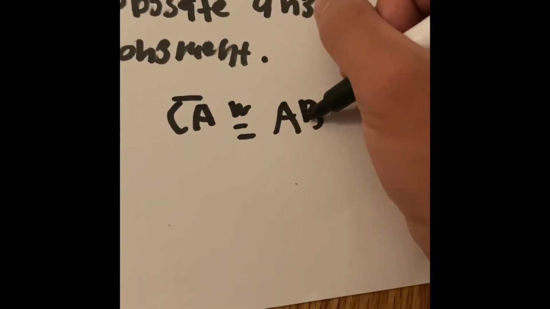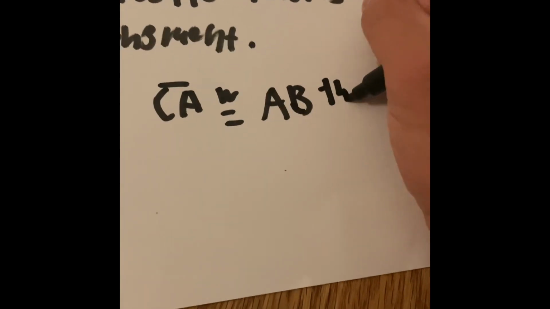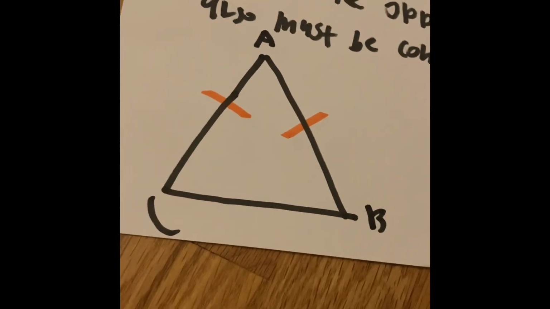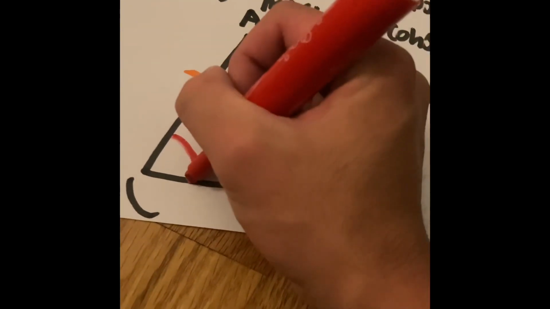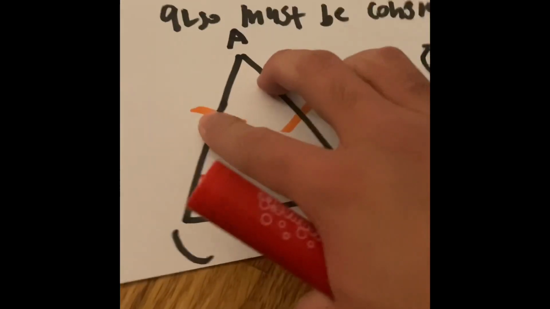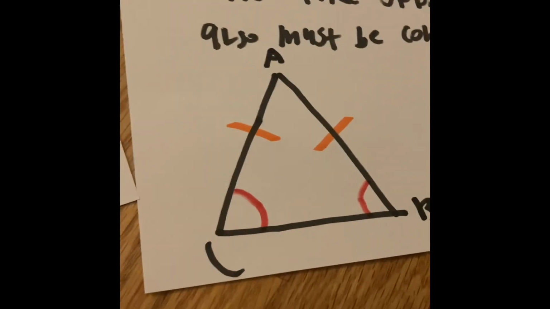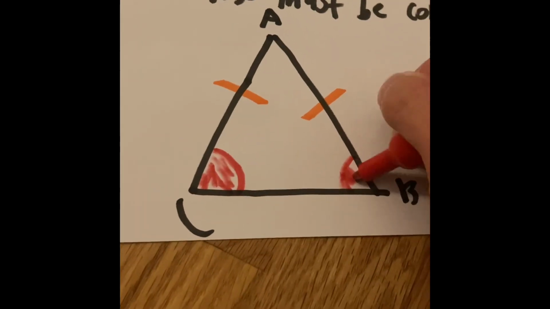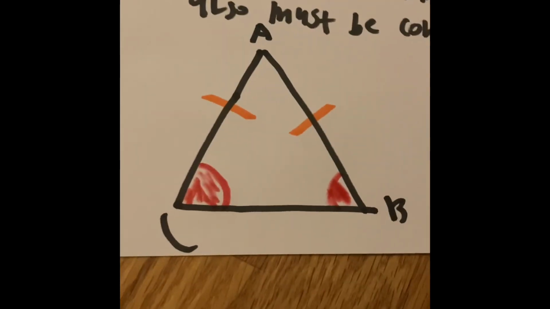If we understand that statement, then we can say that angle C can be congruent with angle B, because these two indicators are also saying that these two angles are going to be congruent with each other.